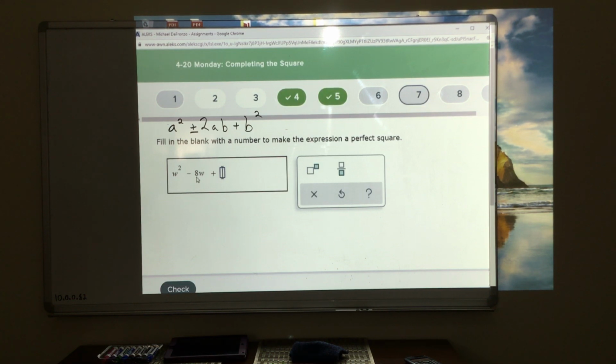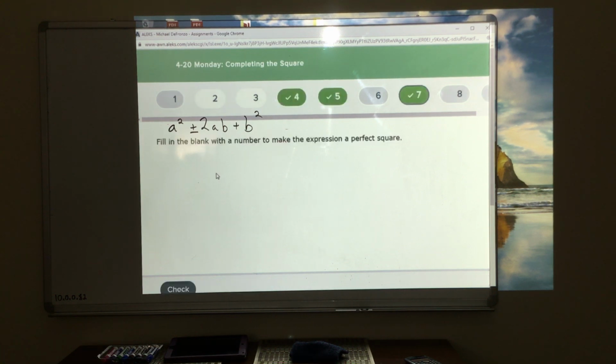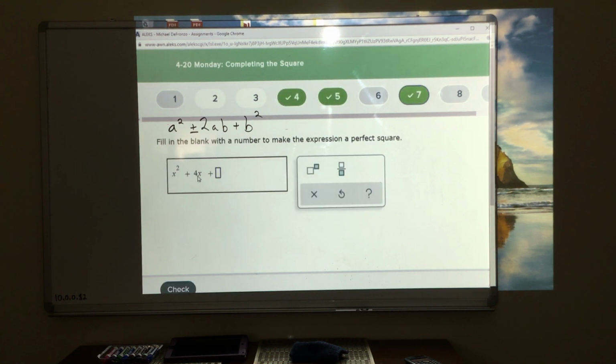So half of this, and then square it. So negative 4, and then square it. Positive 16. So half of this, and then square it.